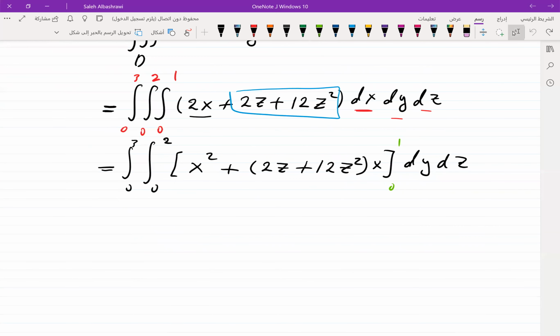Now substitute x by 1 and then by 0. I will have 1 plus 2z plus 12z squared.